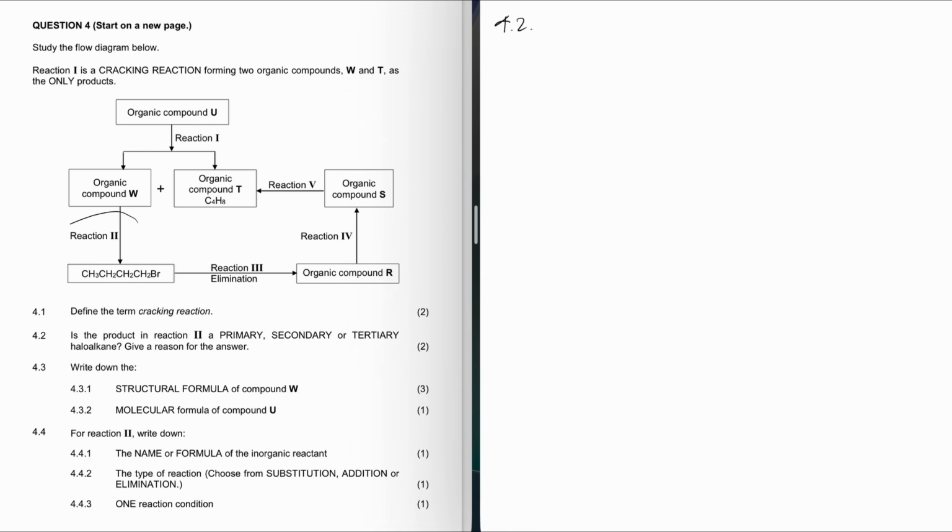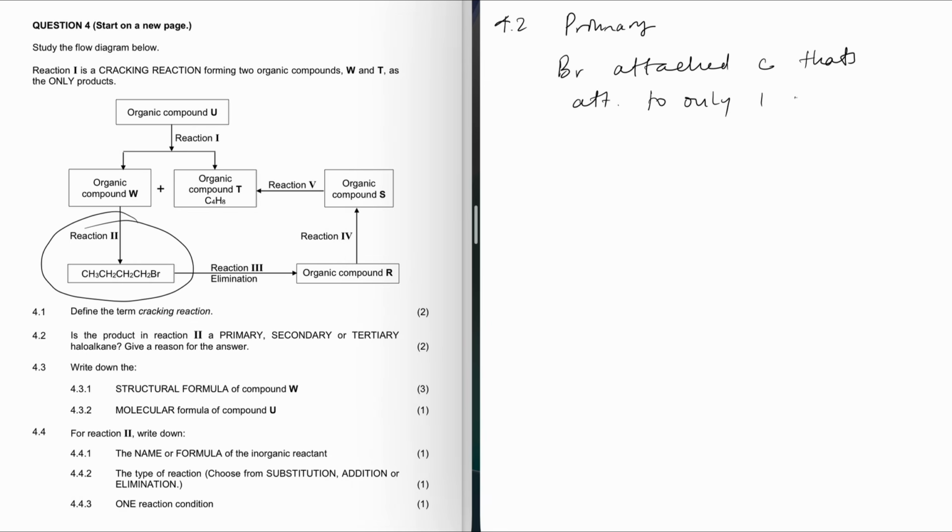Is it a primary, secondary, or tertiary haloalkane, and then give a reason. So this is quite straightforward because it's going to be a primary, because the bromine is attached to a carbon that's attached to only one other carbon.